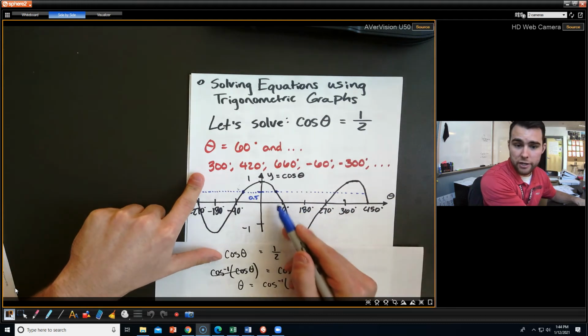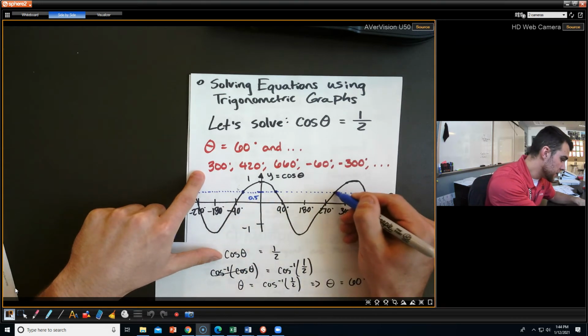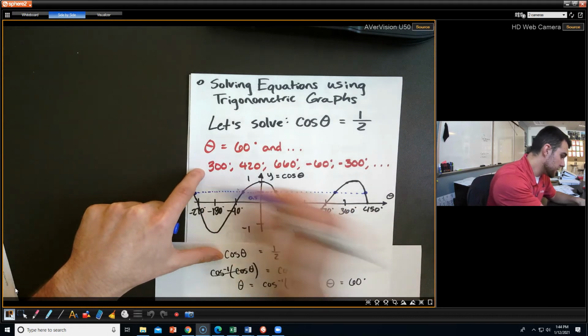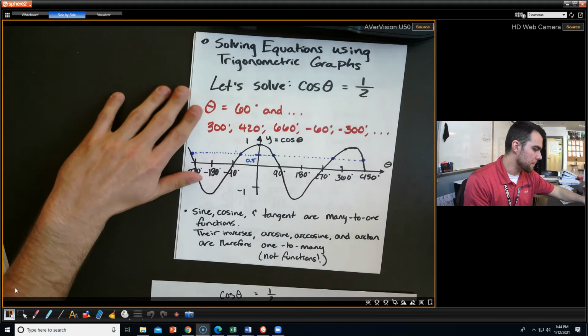So this was at 60 degrees, right? But this is negative 60 degrees over here. And then we keep going. Here's 300 degrees. Here's 420 degrees. Here's negative 300 degrees back here. There's actually infinite solutions for this, it turns out. So what do we do about that? Okay, that's kind of an issue.